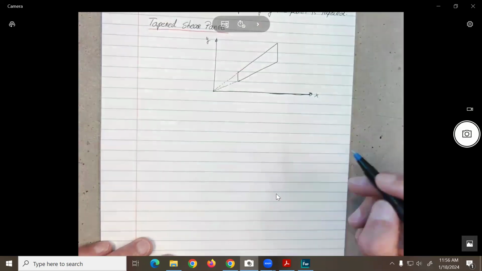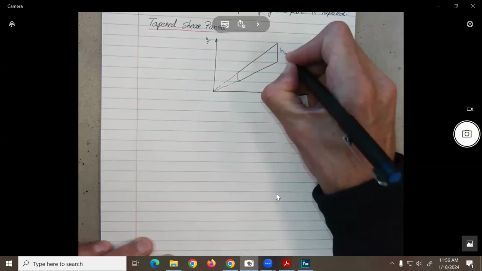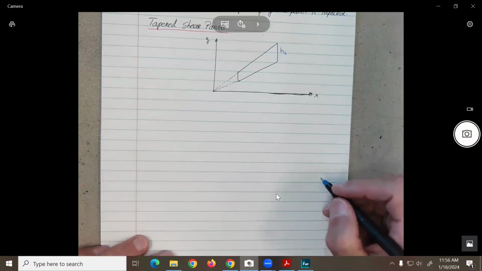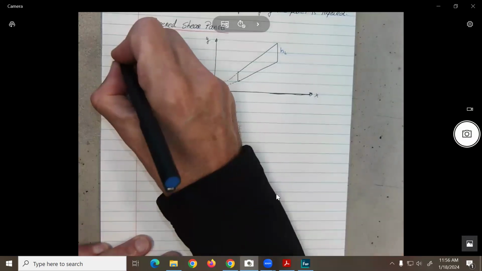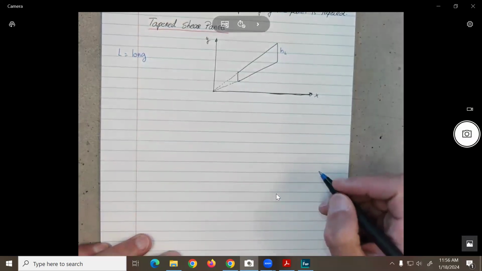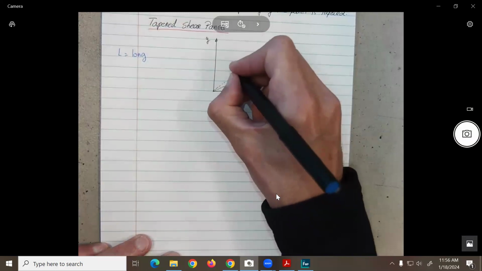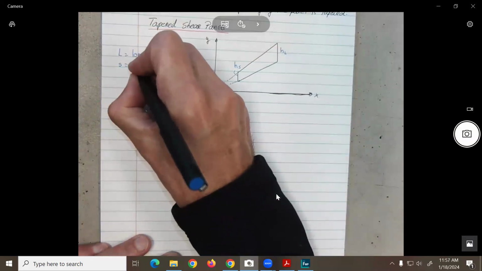So this edge, we're going to call it H_L. So H_L is for H long, L stands for long. Obviously we use the same notation. This side here will be H_S, S for short.